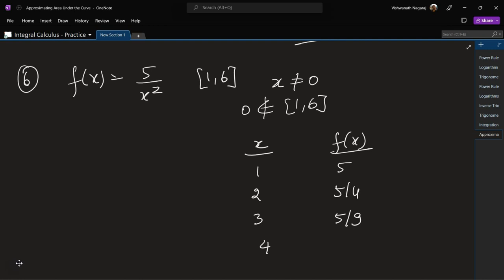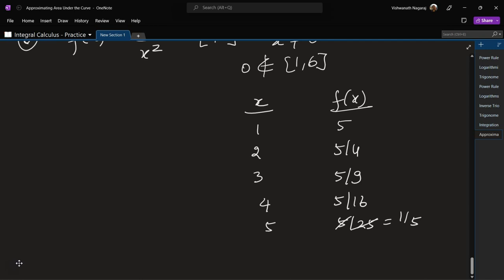If it is 4, it will be 5 by 16. And if it is 5, it will be 5 by 25, which is 1 by 5. And 6, it will be 5 by 36. Okay, one extra interval is there here because it is 1 to 6.